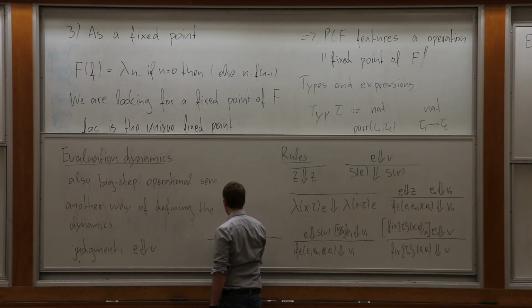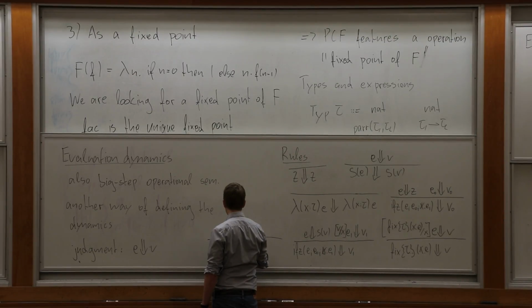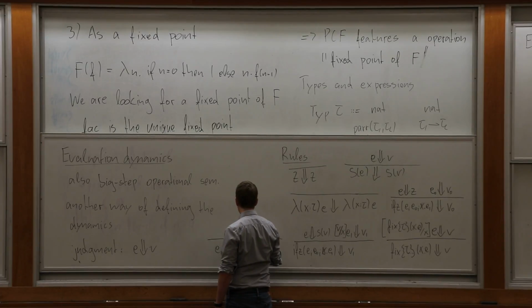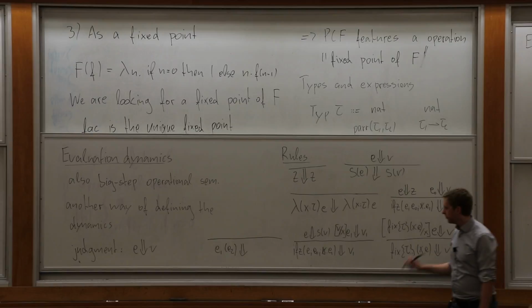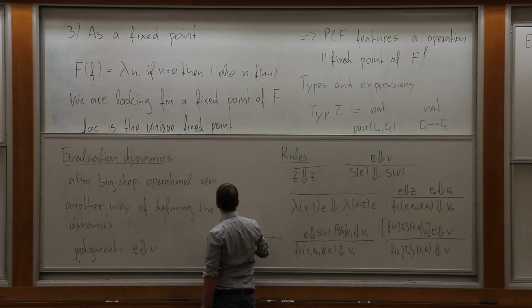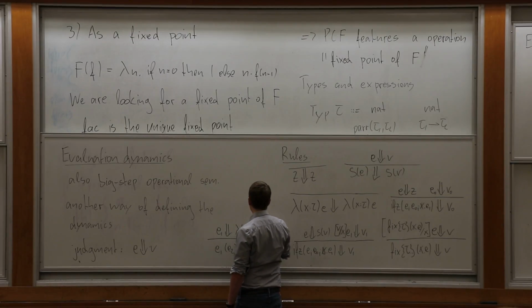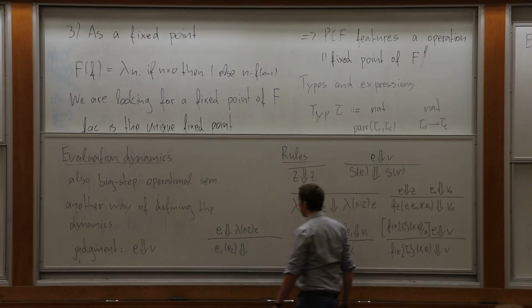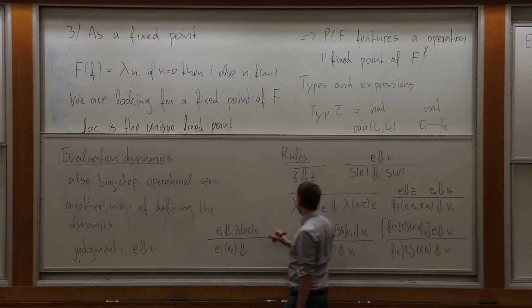Only thing missing is the function application. So what do we do? So first we evaluate the e1, and we hope that this is going to result in a function, in a lambda, and then we evaluate the e2.